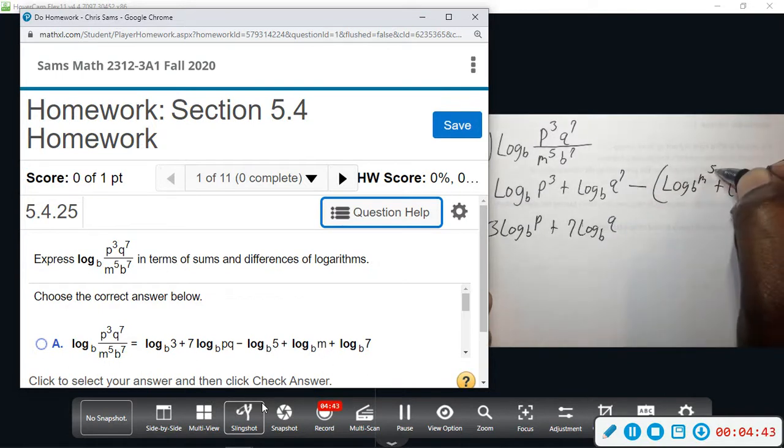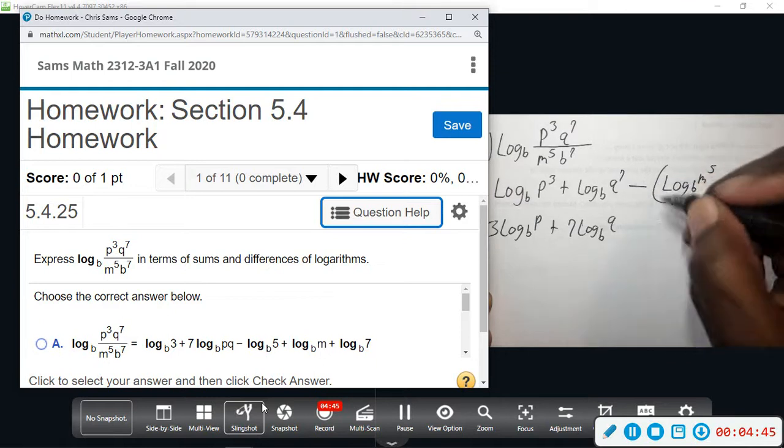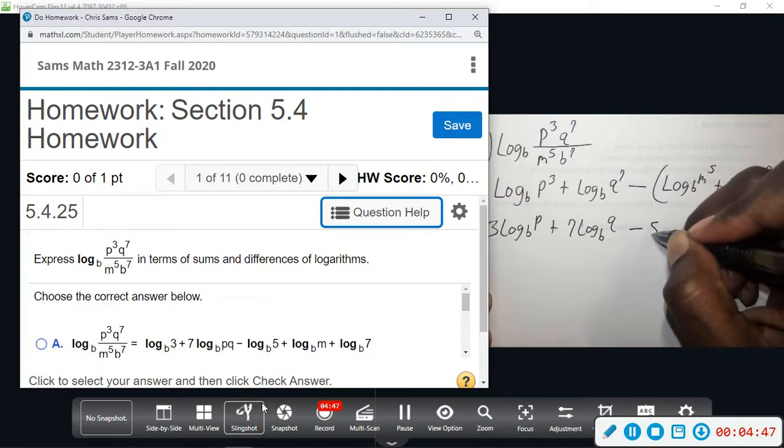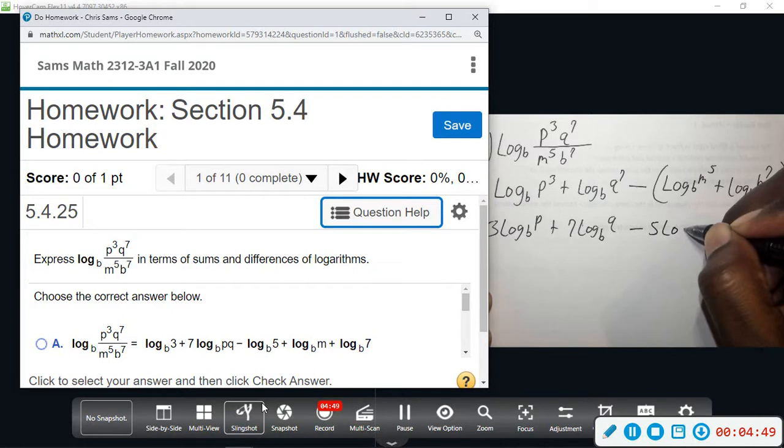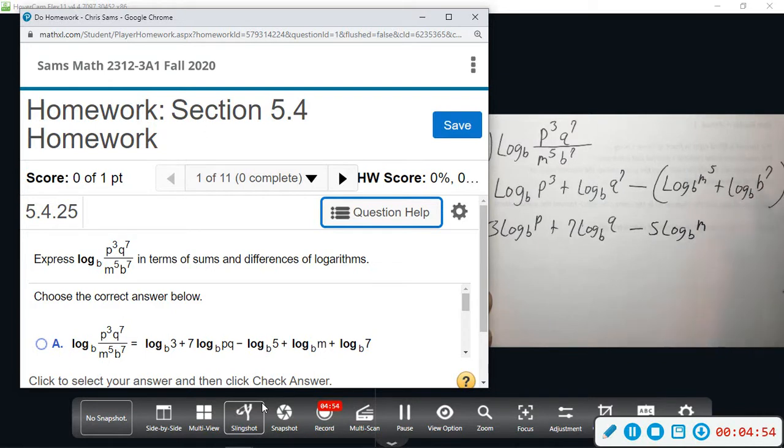And then the 5 will come down, so distributing the negative, minus 5 log base b of m. And then bring down the 7, and it's also distributing the negative, so it's minus 7 log base b of b. Now this b and that b are the same, so they're going to divide each other out. So you're just going to be left with minus 7. So this is that problem in expanded form.